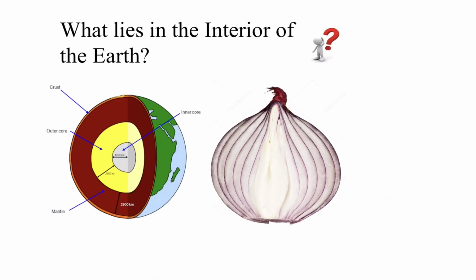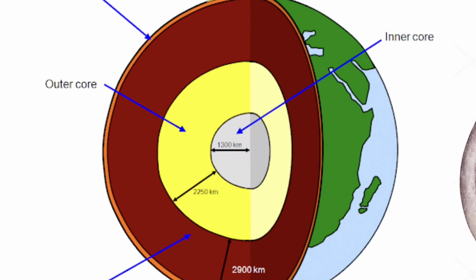So, like an onion, the earth is also made up of several concentric layers, one inside the other. It means that all the different layers have one common center, and one layer is inside the other one. See in this picture, these are the different layers.